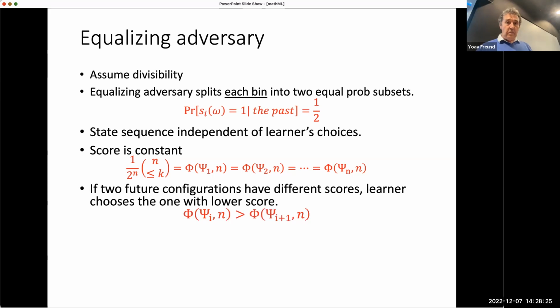Okay, but suppose that there are two configurations that have different scores, right? Because the adversary didn't do the min-max thing. Then, of course, we know which one to choose, right? We want to minimize the score. We want to get to the end as quickly as possible, right? So if it's equal, then it doesn't matter what to do.